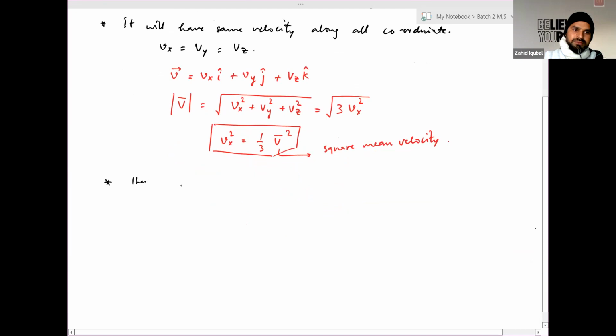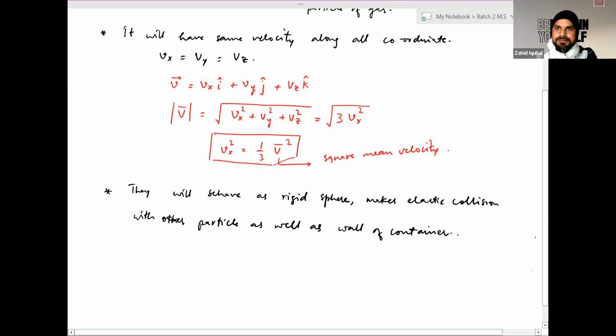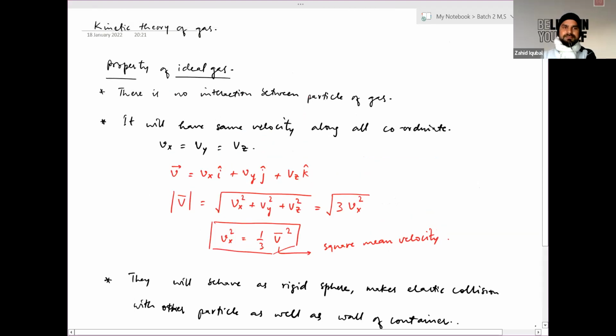So they behave as rigid spheres and make elastic collisions with other particles as well as the wall of the container. First, write down this part. Done, sir.